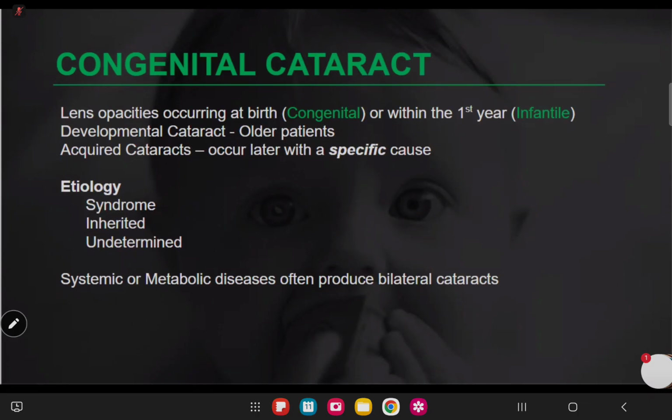Most of the cataracts that are present in patients with systemic or metabolic diseases have a bilateral presentation. So for those patients having a unilateral cataract, it could be from different causes such as undetermined cause or inherited. However, if syndromic or systemic metabolic, it usually is bilateral.